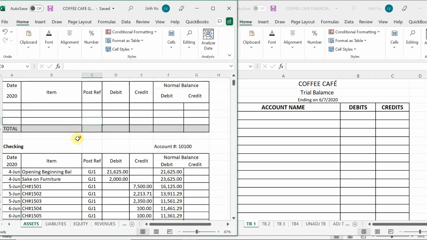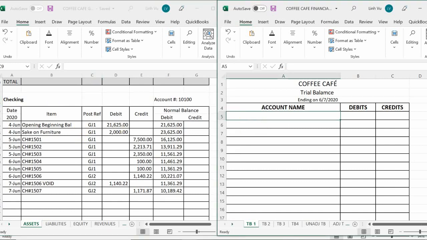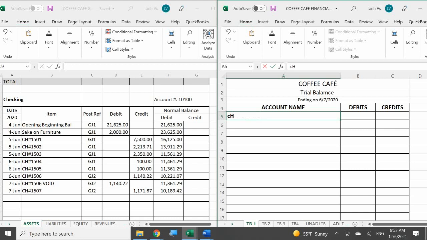So the first account that I actually do have a balance in is my checking account. So I'm going to write it in here, checking account. In this case, I currently have a debit balance, because I have positive cash flow in my bank account. I have $10,189.42 worth of cash in my checking account.